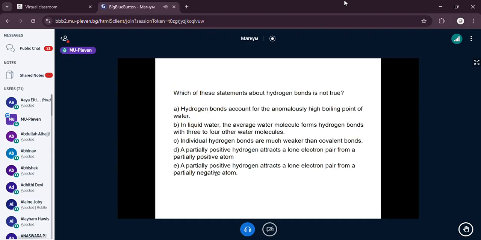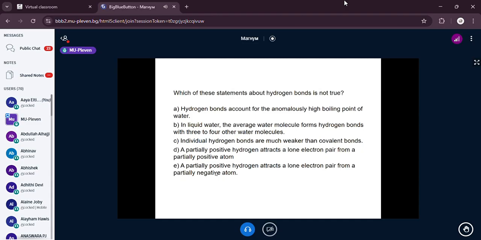And here you have to read and find the wrong statement. Again, D. It is not possible for a partially positive hydrogen to attract an electron pair from a partially positive atom.